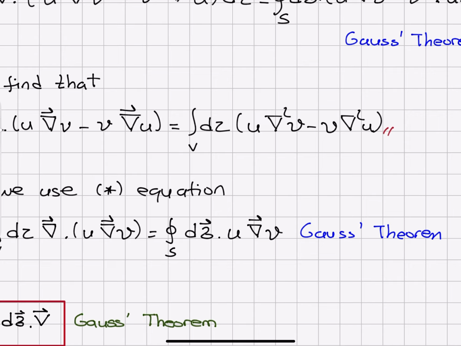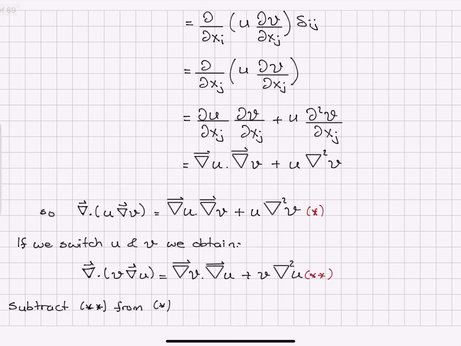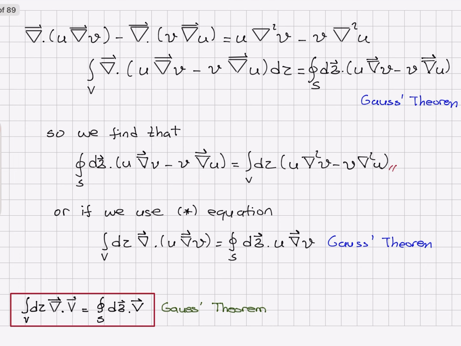All right. And for the divergence of u gradient of v, I can substitute this result from the star equation.